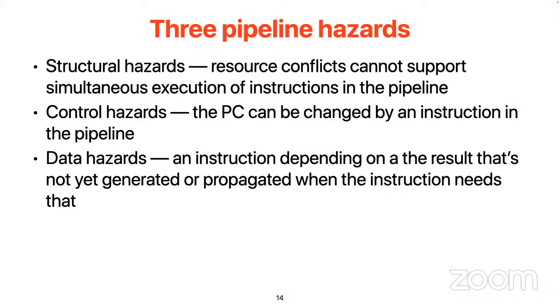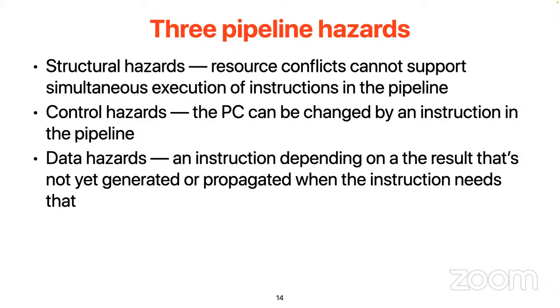If they are working on the same place, then that's not going to work out, because the same circuit, the same gate, cannot serve 2 different instructions simultaneously. So that's structural hazard.